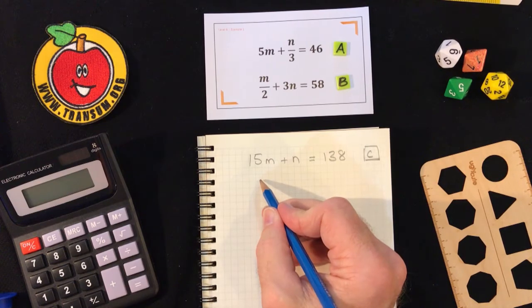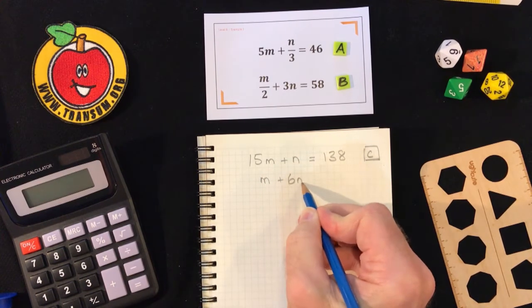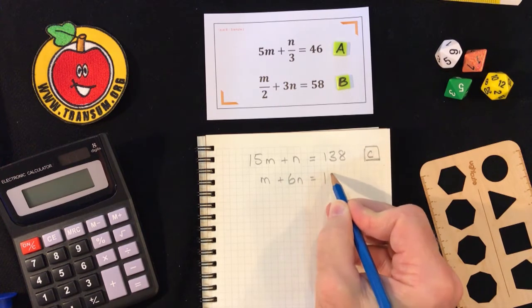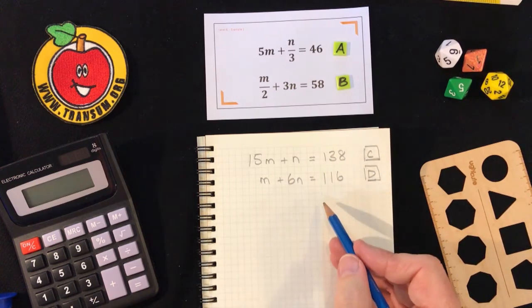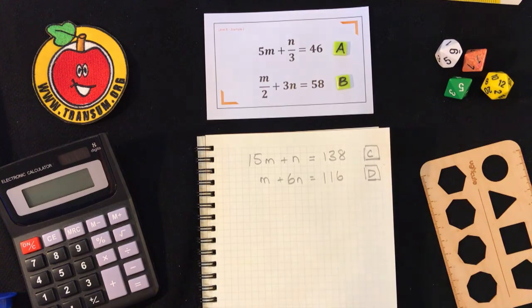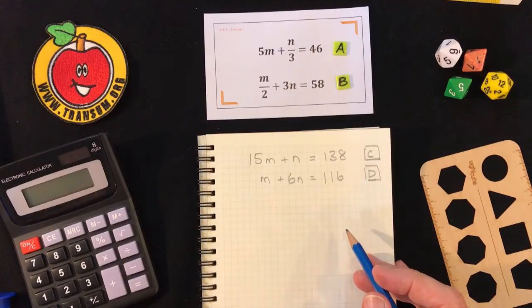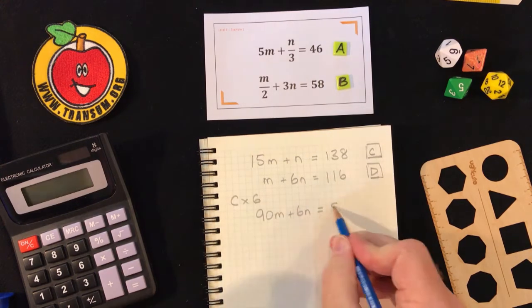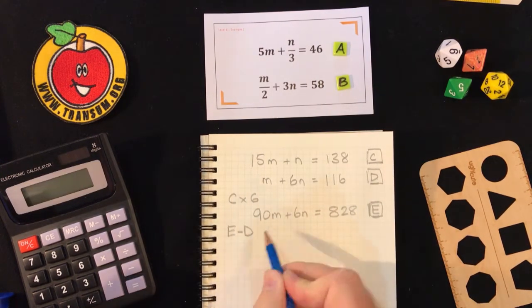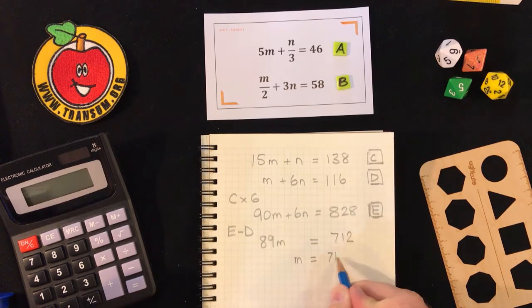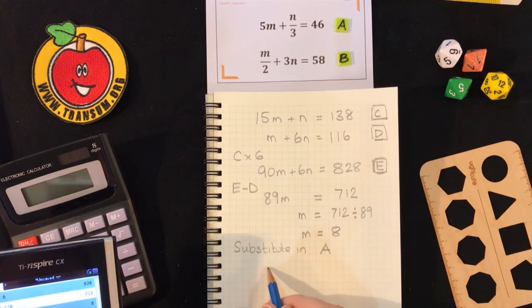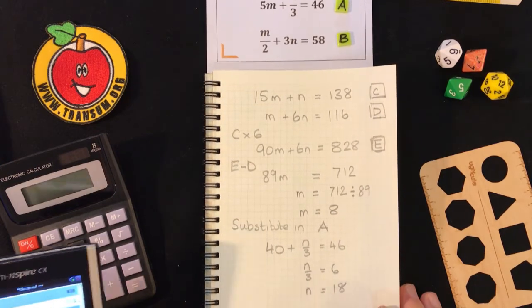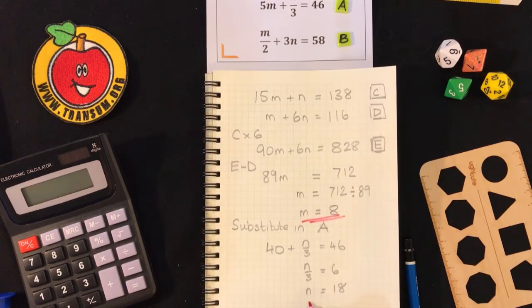So that will give me m plus 6n is equal to 116, and I'll call that equation D. And then you can go on to solve that as you have done in previous levels. So m is 8 and n is 18.